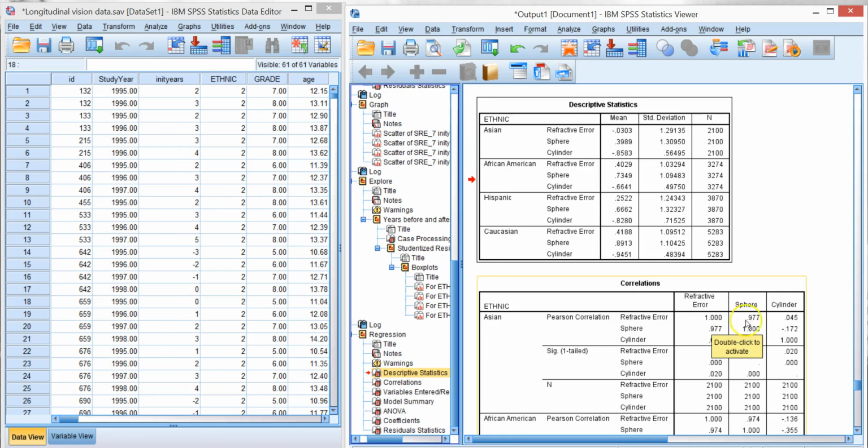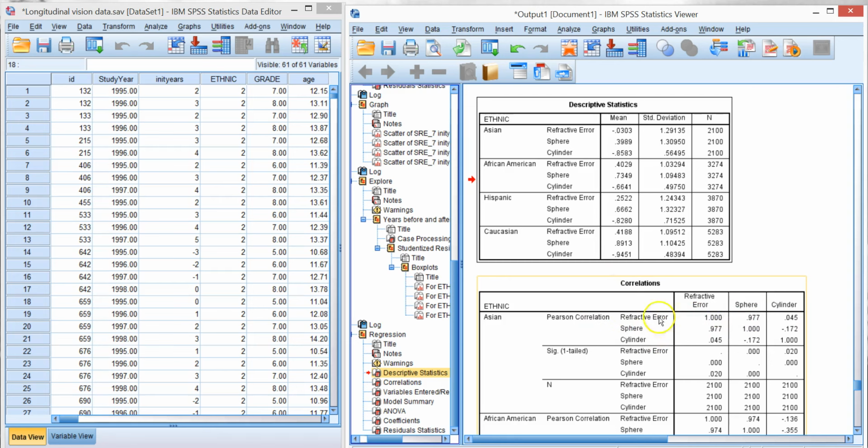That's pretty high. Cylinder is correlated at 0.045, at least for the Asians, which is still significant at 0.02, which seems like a pretty small correlation to be significant. But there are a lot of samples in this study.